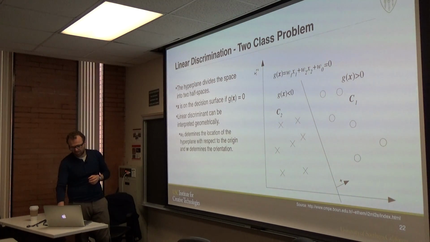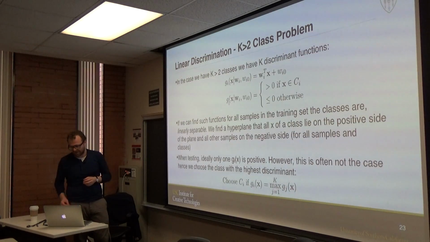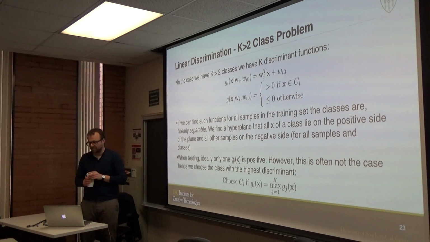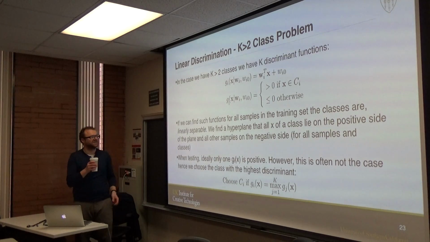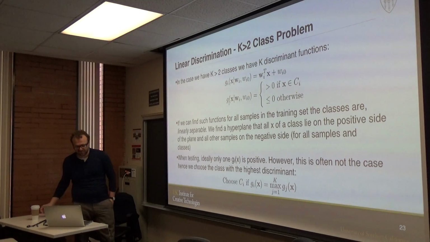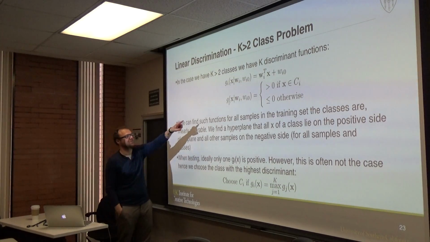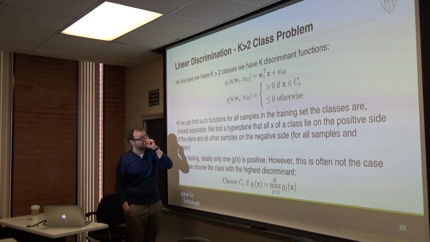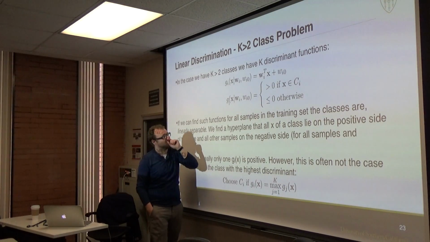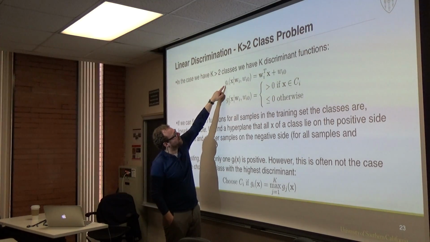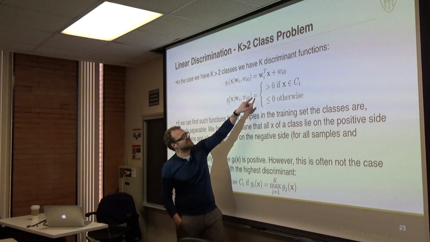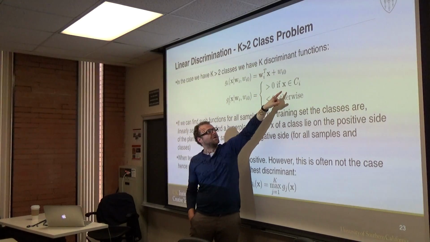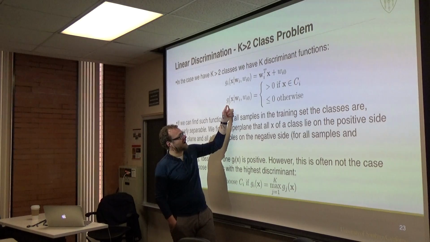So what if we have more than 2 classes as a problem? So we have k many different classes. In this case, you would actually have to learn k discriminant functions, one for each class, and you decide if it's greater than 0 for the ith one.